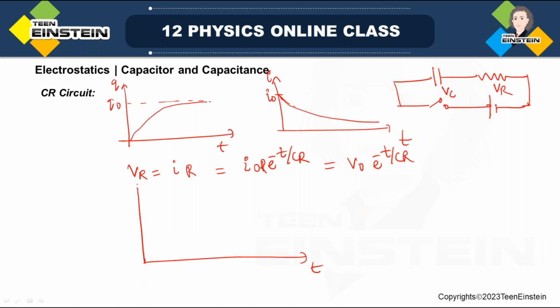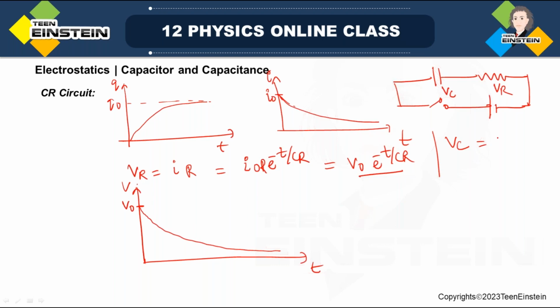This is the time, this is the voltage. So it decreases. Initially it will have maximum voltage across the resistor, and then just like current it will decay like this, or maybe a little bit faster like this. But how does VC vary?